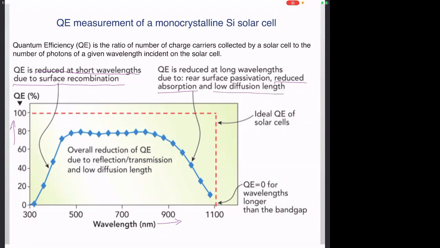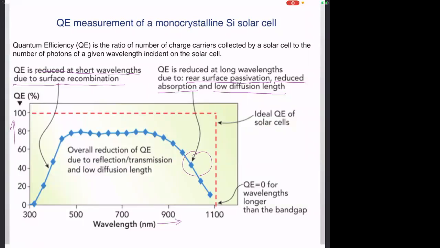There's something called low diffusion length, which has to do with the fact that if it's absorbed very deep inside a material, the electrons and holes have to travel far to reach the terminal. However, if there are defects in the material as it's traveling, then these can get trapped and won't reach the terminals and contribute to current. Similar thing happens with the rear surfaces where there are defects as well. So you can avoid this with passivation, which is what that's talking about. So that's what this decreases.